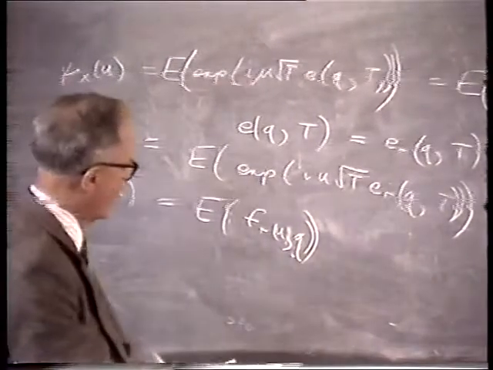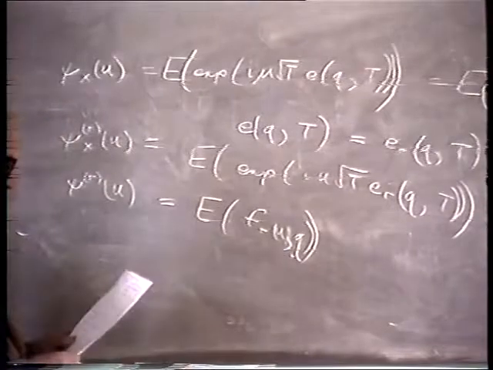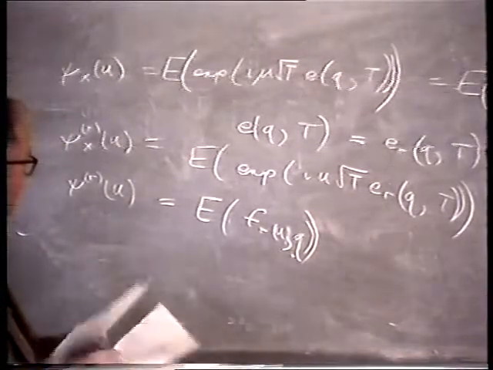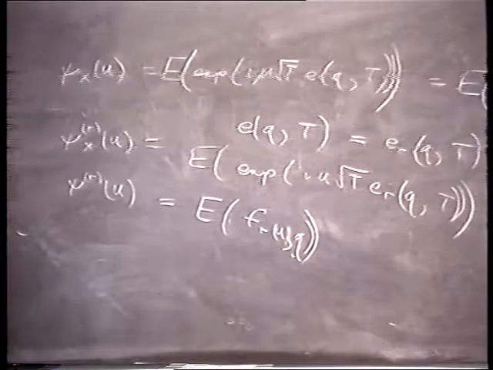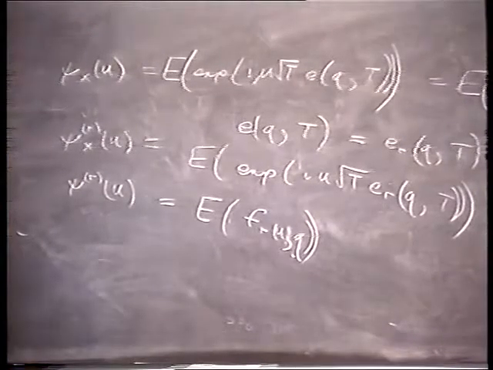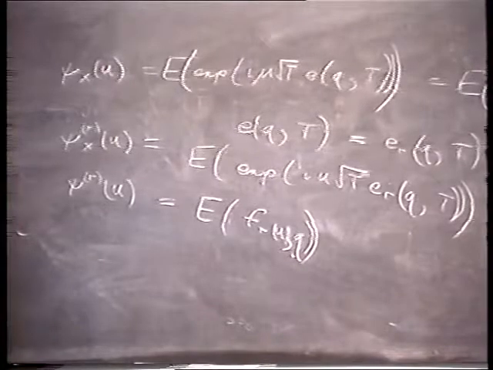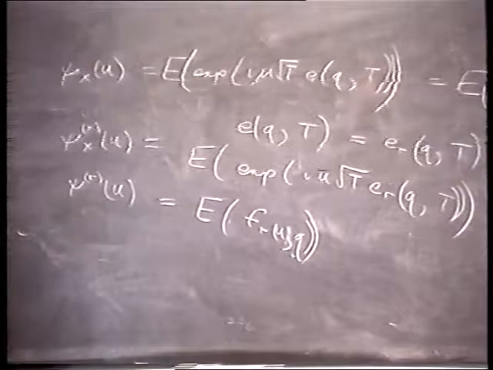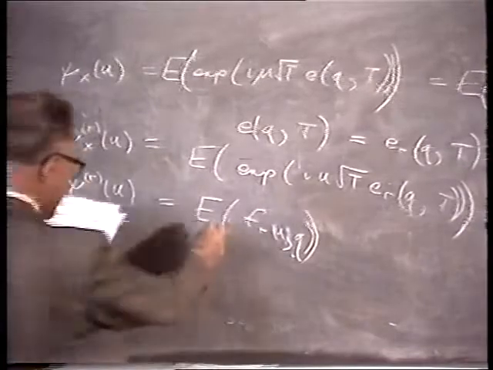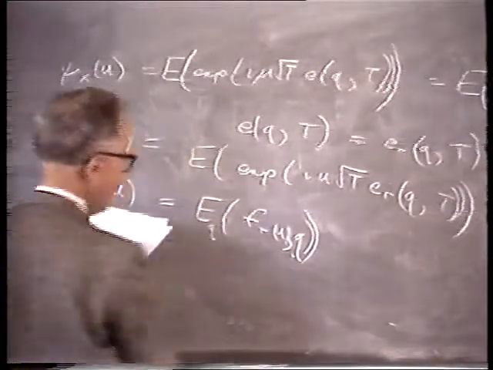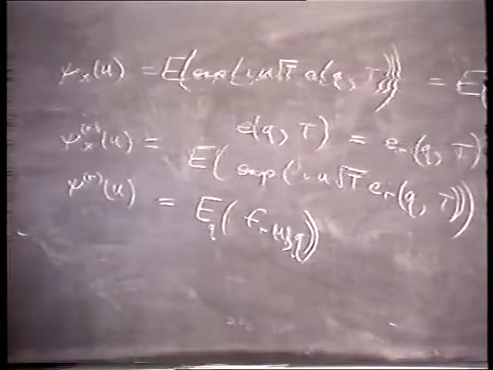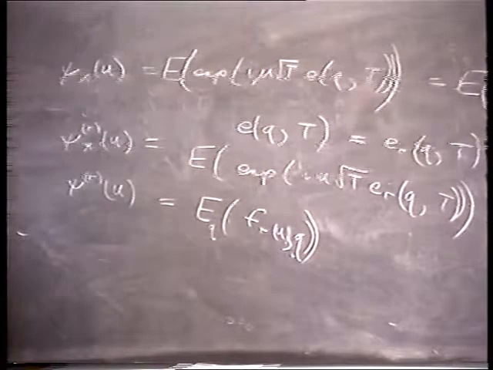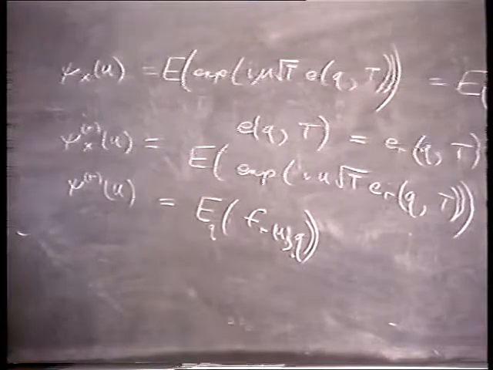And of course what one can do is now to take the expectations of this polynomial in Q. This is an expectation with respect to Q. But now replacing the distribution of Q, the exact distribution of Q, by the Edgeworth approximation.